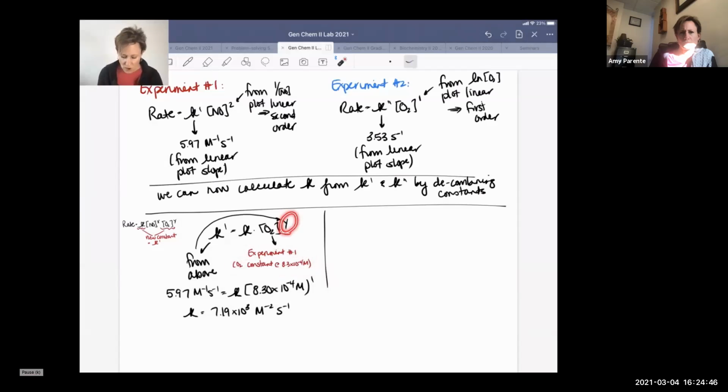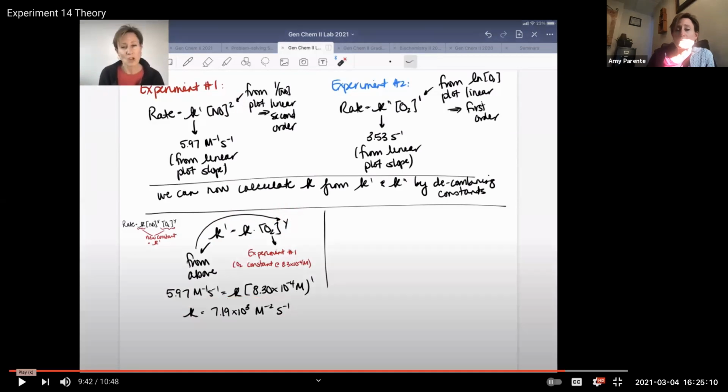And we used the plot of our straight line to tell us what Y was. We learned that it was second order here. And we know what the slope of that linear line was. That was our K prime. So now that we have all of these pieces of information, the only thing that's unknown here is our K value. So we break this back apart to get our value of K.